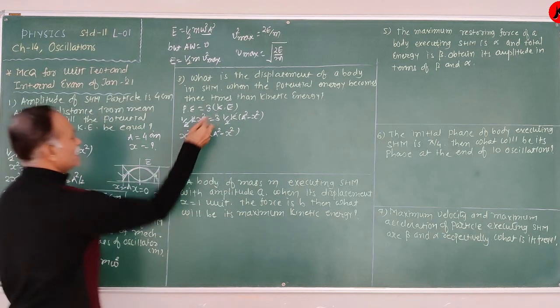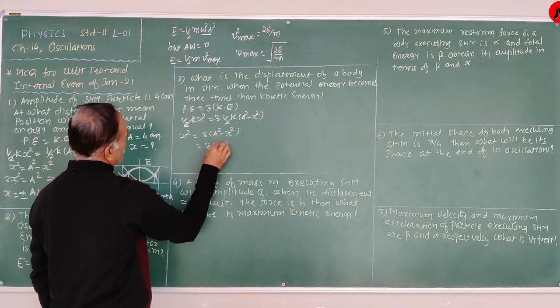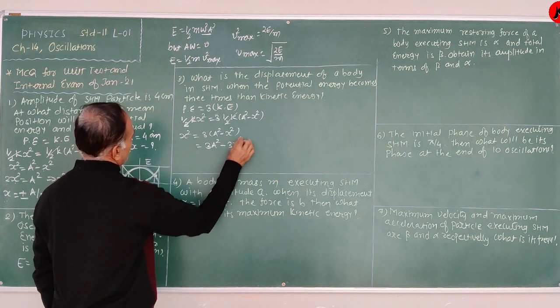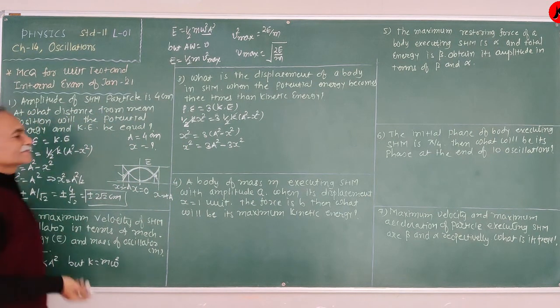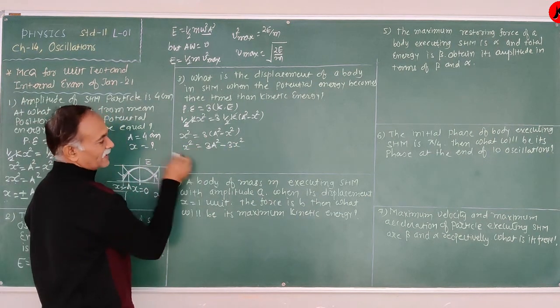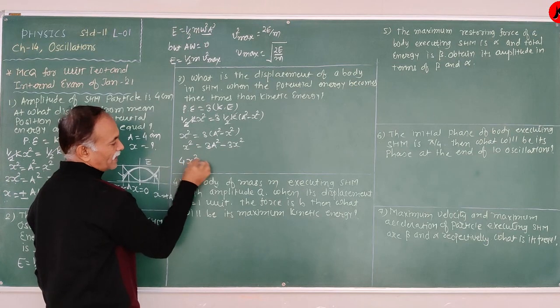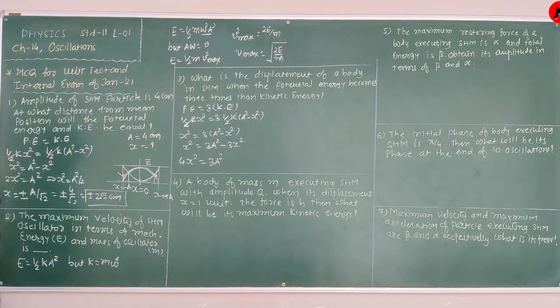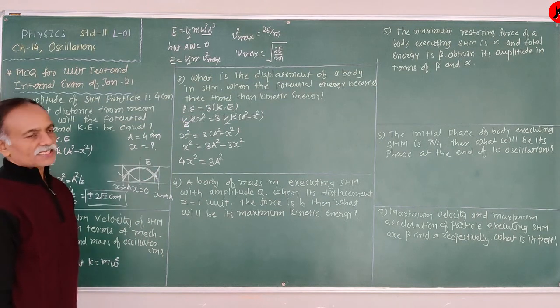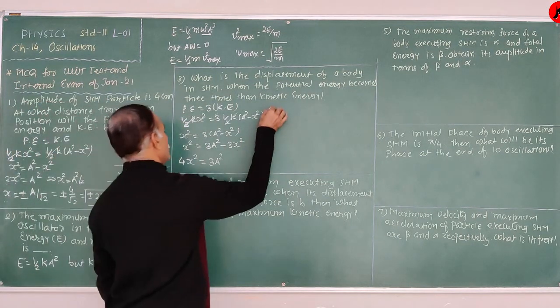Open this bracket. Therefore, 3 a square minus 3x square is equal to x square. Taking 3x square to this side, 4x square is equal to 3a square. We require the distance from the mean position, that means the value of x.